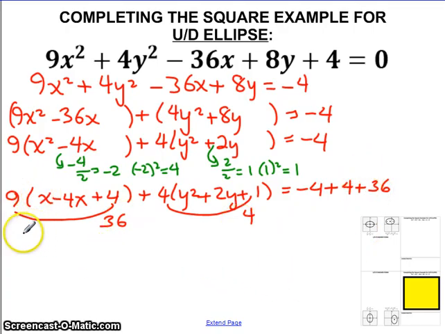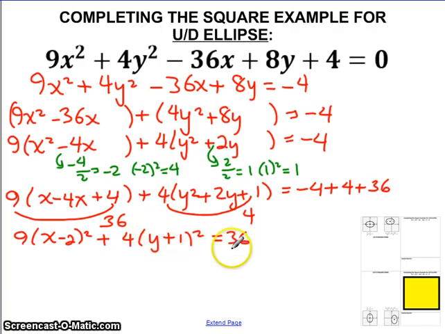Okay, so let's go ahead and simplify this a bit. This is going to end up being 9 times x minus 2 squared. This is going to end up being 4 times y plus 1 squared, and 36 on the right side.